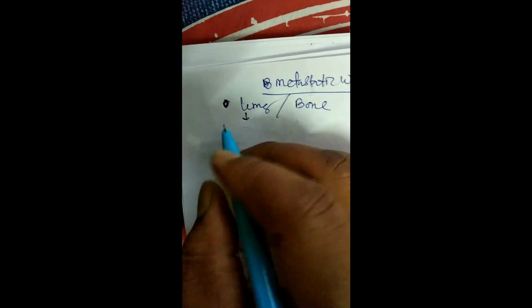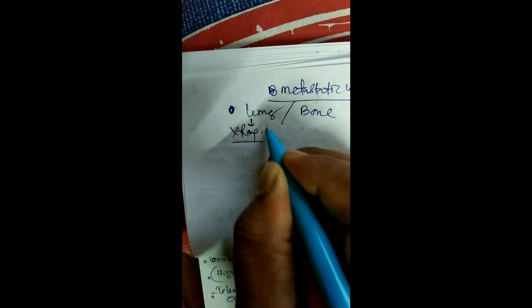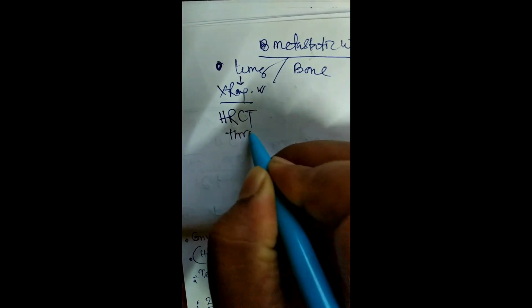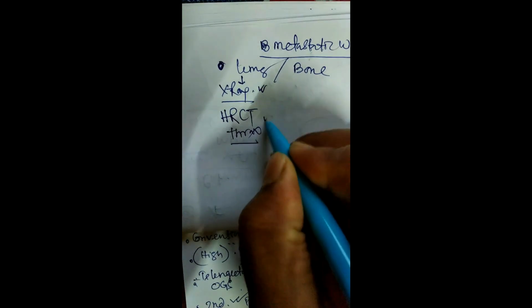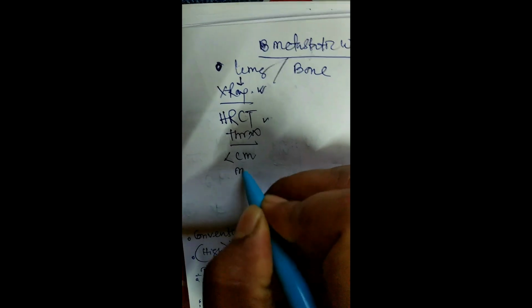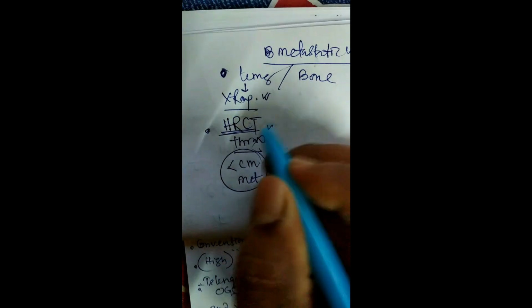For the lung we can go for a simple X-ray, but a simple X-ray cannot diagnose the metastasis early. So we can go for HRCT thorax, which helps to diagnose. Even subcentimetric metastasis can be diagnosed by HRCT.